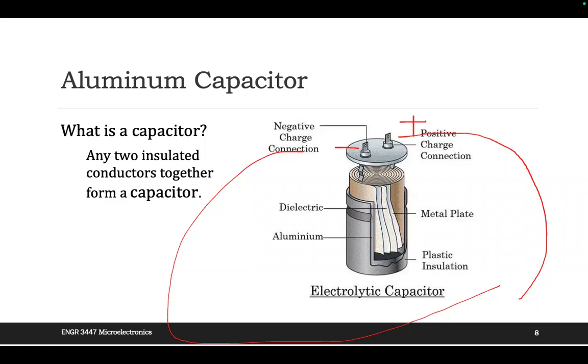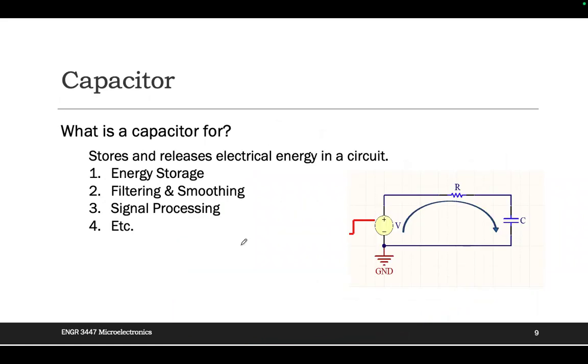Okay, what is a capacitor for? You have already learned the capacitor. It can store and release electrical energy in a circuit. When it is charged, the energy is stored, and it can also be used for filtering and smoothing.